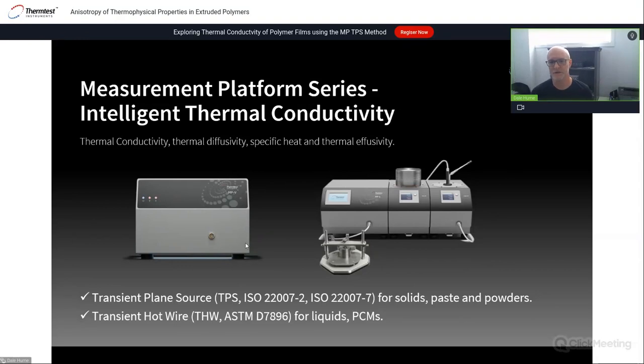The third one is our economical MP2, which is our portable version, which again has the same two primary methods as well as some other methods available, but we've made those two primary methods available for all testing. So as you can see below at the bottom of that PowerPoint, there are some associated international standards for the testing that those measure.